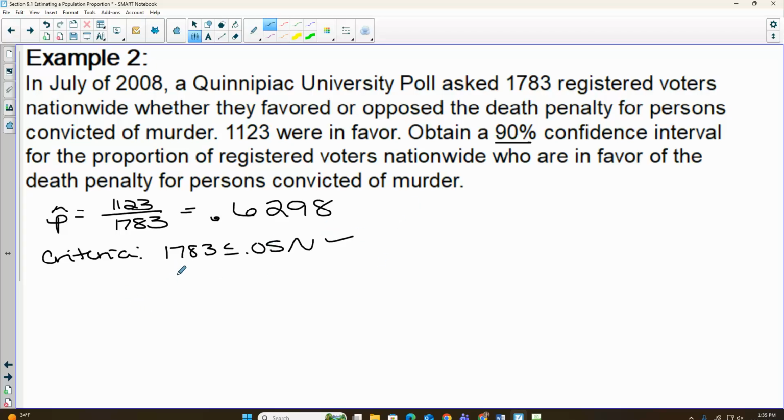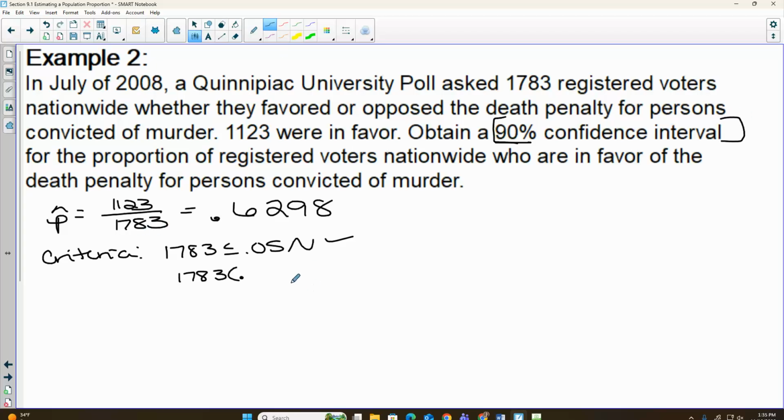My other one, my N, which is 1783, times P. Okay, what is my P? This one is a little bit tricky. We're used to using the P given to us in the problem, right? The 90% is only dealing with the confidence interval. Did I actually give you the P for the whole population?